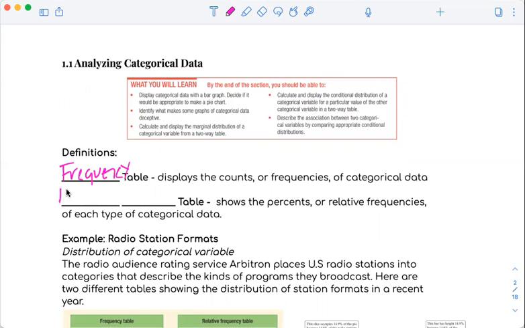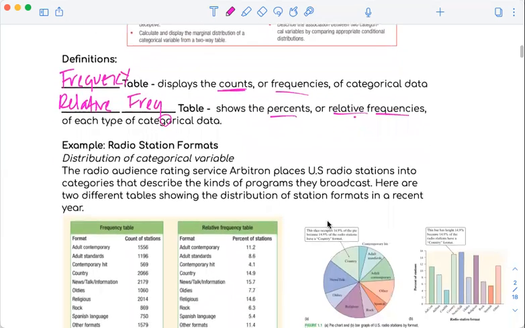Then we have a relative frequency table, which shows the percents or relative frequencies. So anytime you see the word percents when we're talking about frequency, these two things mean the same thing. Percents are relative frequencies. And then back with frequencies, another vocabulary word they might use in place of it is counts: counts and frequencies, and then percents and relative frequencies.